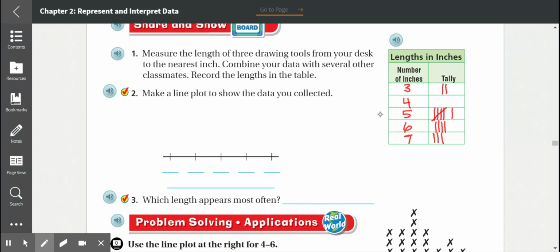So we're going to take this data and put it in a line plot. We're going to list the inches down here. So 3 inches long, 4 inches long, 5 inches long, 6 inches long, and 7. So this part of the line plot would be length in inches.